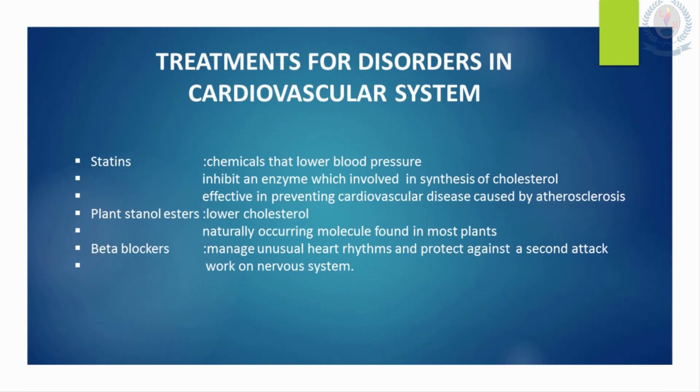Here in this table you are given the features of arteries and veins. So let's compare them. What is the arteries' main function? Carry blood from heart to organs. Veins carry blood from organs to heart.